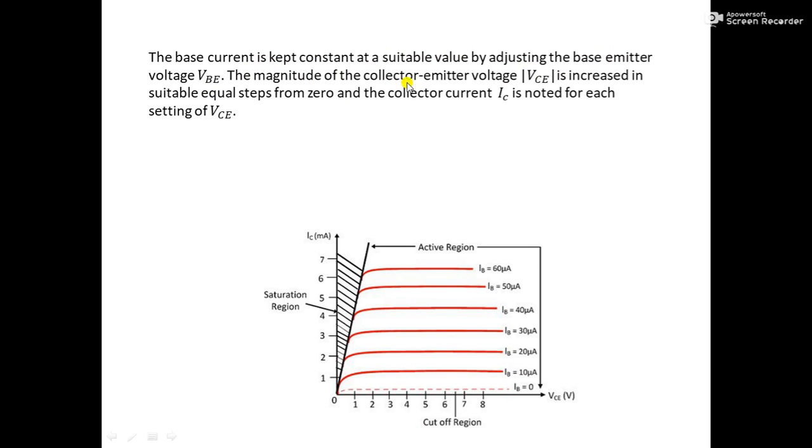The magnitude of the collector emitter voltage VCE is increased in suitable equal steps from 0, and the collector current IC is noted for each setting of VCE. If we plot those points on graph paper, it will look like this. These are the output characteristics of a transistor in common emitter configuration.